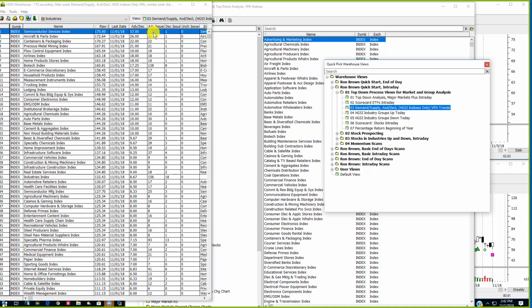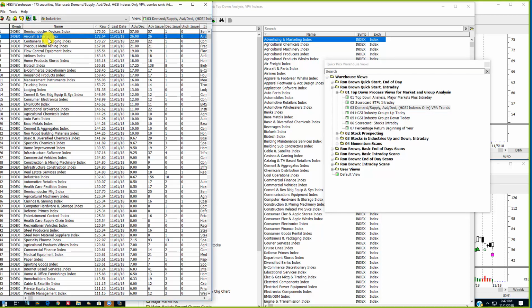There are 57 advancing issues compared to 1 declining issue. I mean, that tells us that there is a tremendous amount of strength in this index today. We have 18 minutes left: aircraft and parts, containers and packaging, precious metal and mining, and so on.